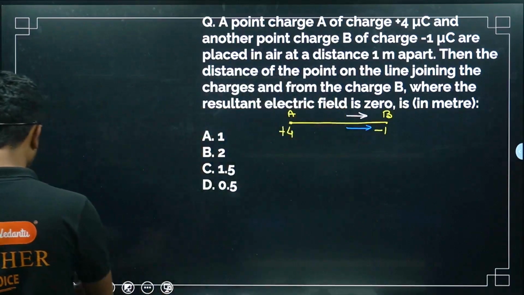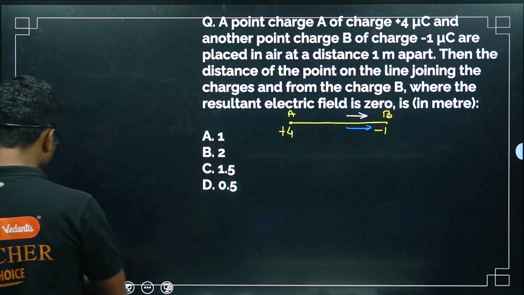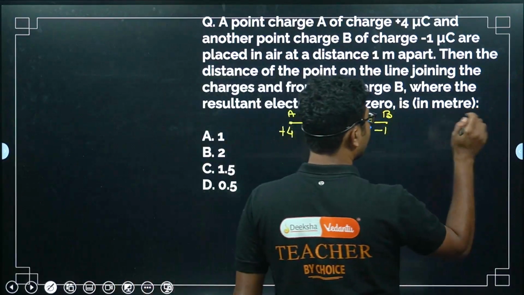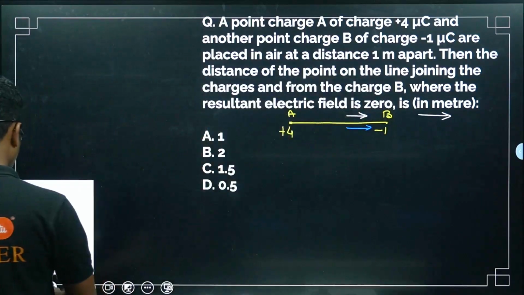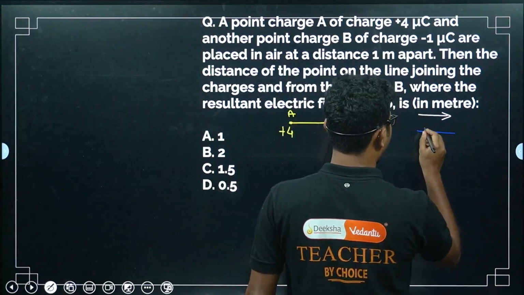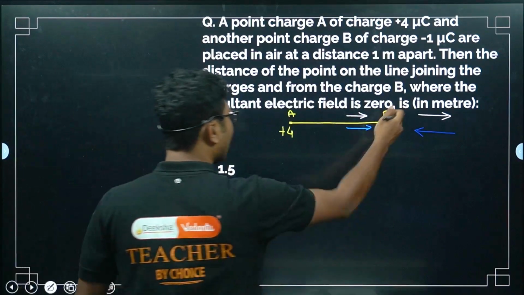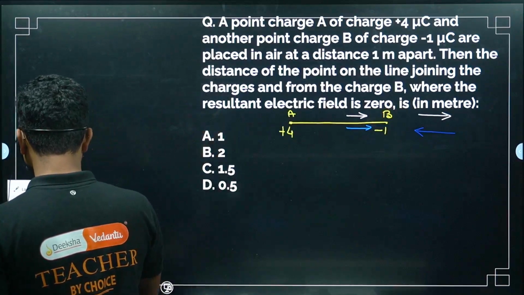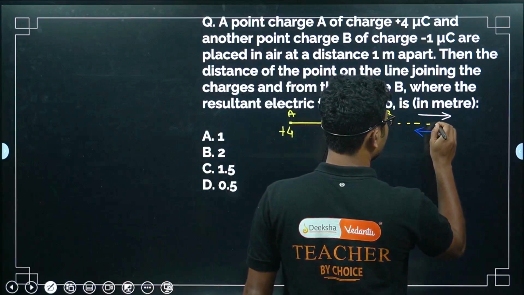But if you consider a point somewhere outside, near B, the electric field due to one charge will be in one direction and due to the other charge in the opposite direction, so they will cancel each other. So we have to consider a point near B where the electric field is 0.